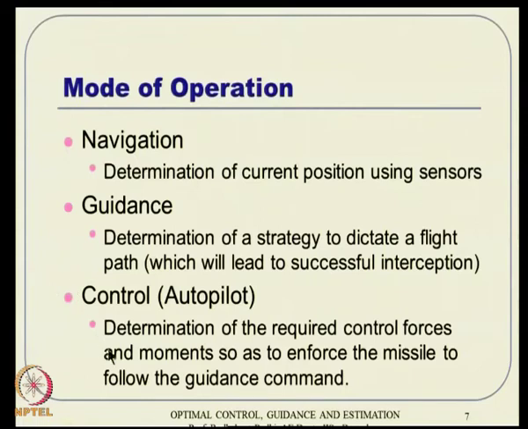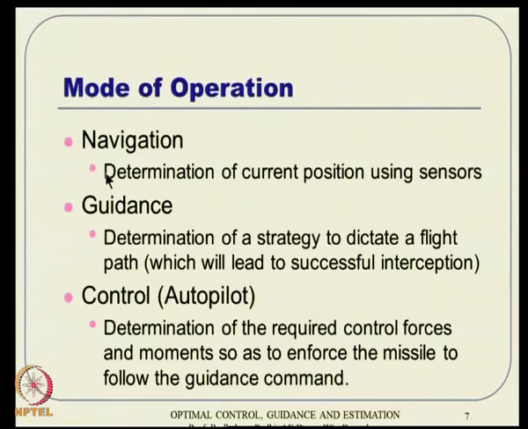And after that is done, the next task is control, which is largely known as autopilot in the missile community. The objective here is determination of the required control forces and moments, so as to enforce the missile to follow the guidance command. The navigation system gives the status of the vehicle.